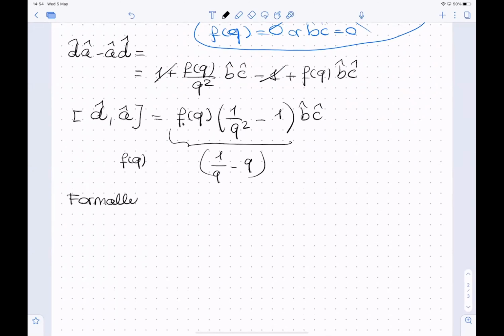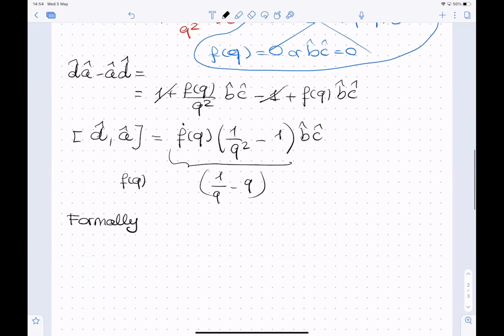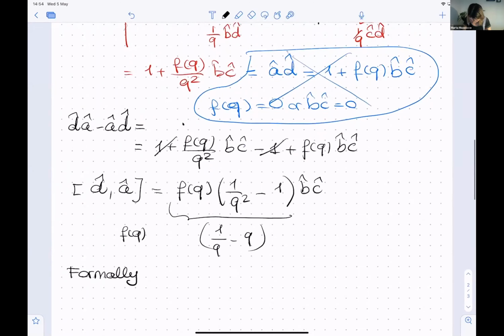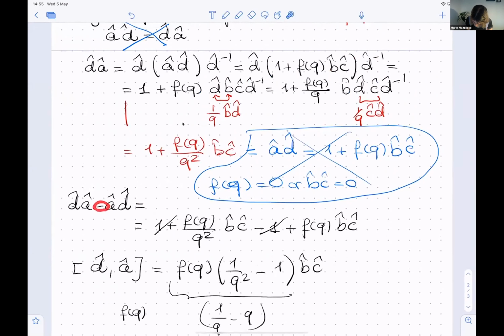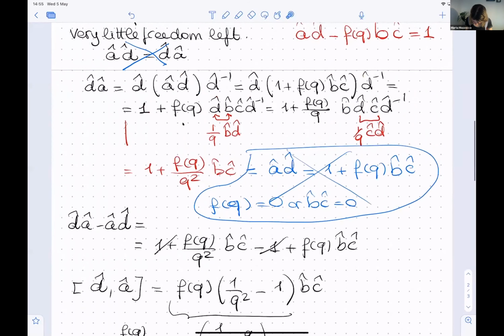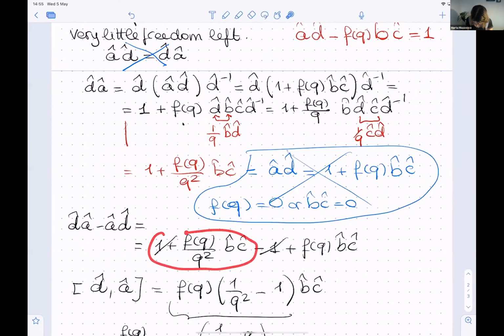Sorry, one question. Sure. How did you get 1 over q squared minus 1? Isn't it plus 1? I had this minus here. So this part comes from dA, and then I'm removing minus AD. Is that where you were asking?